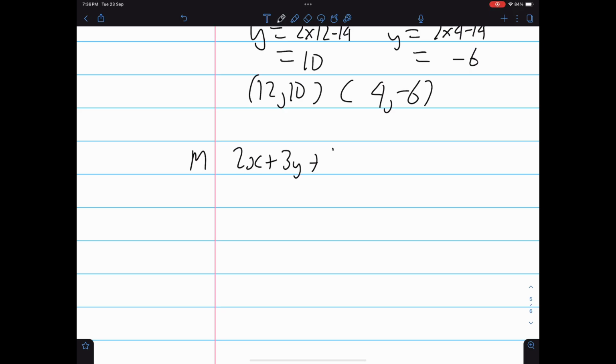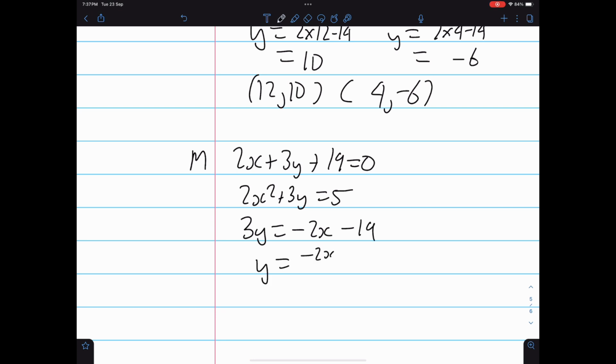2x plus 3y plus 19 equals 0. 2x squared plus 3y equals 5. Okay. Right. 3y equals minus 2x minus 19. y will then equal minus 2x over 3 minus 19 over 3.